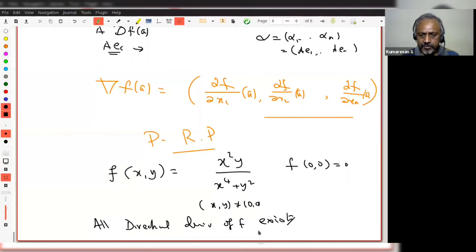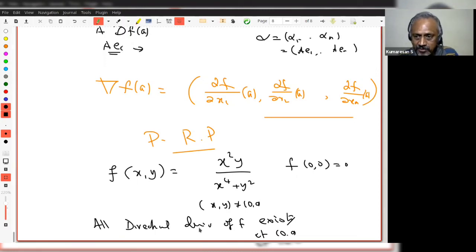All directional derivatives of f at 0, 0 exist. But we have known that the function is not even continuous. You understand? Therefore, there is no question of differentiability. And hence, in particular, I cannot talk about the gradient of the function because the function is not differentiable.